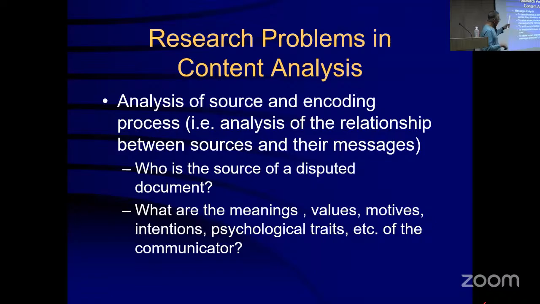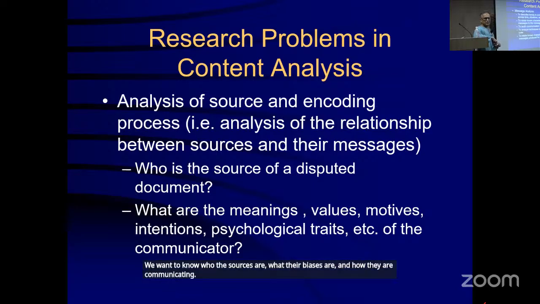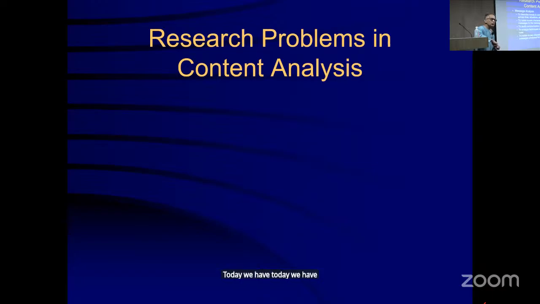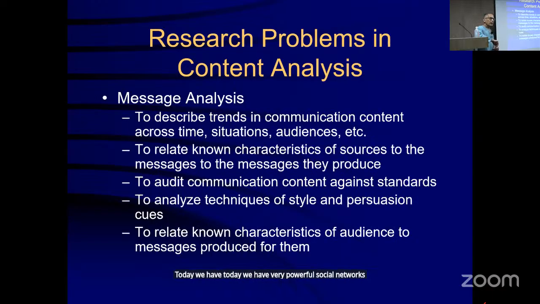So basically, all of this deals with the things we are interested in: the source, the message, the channel. For the source, we want to know who the sources are, what their biases are, and how they are communicating. Today, we have very powerful social networks in the control of some people.